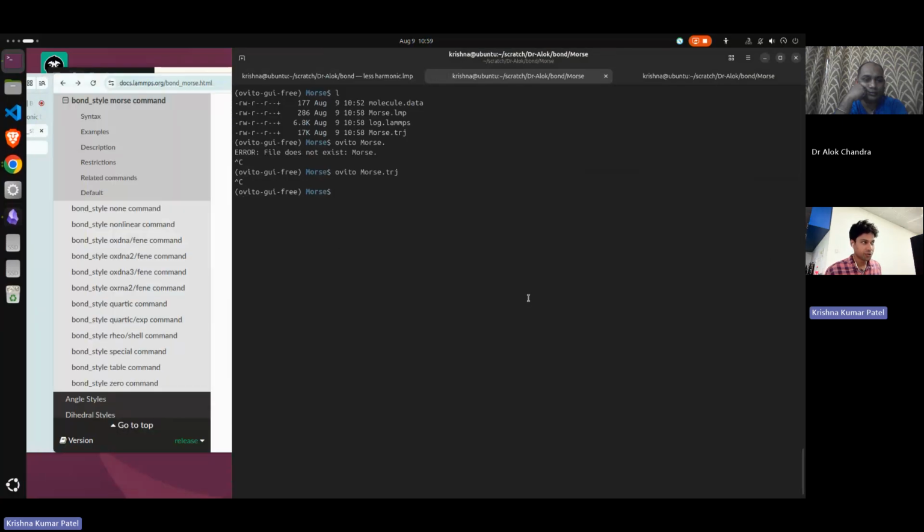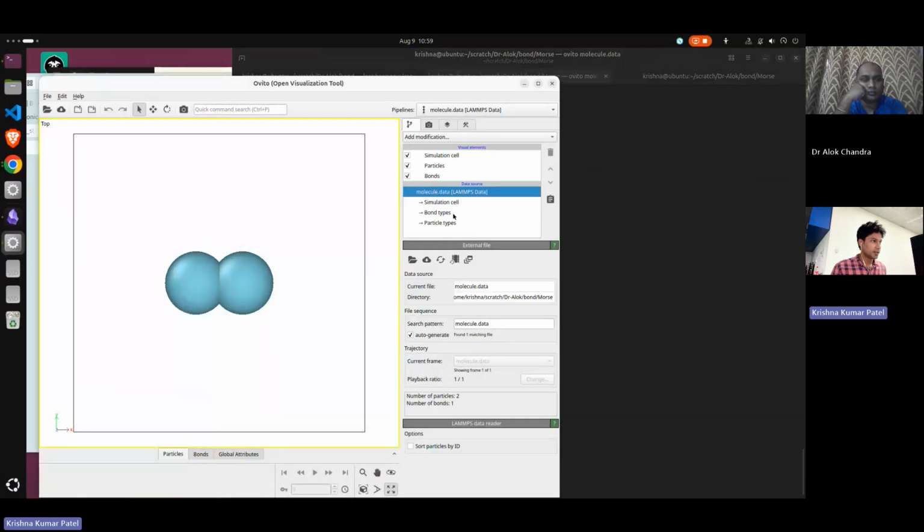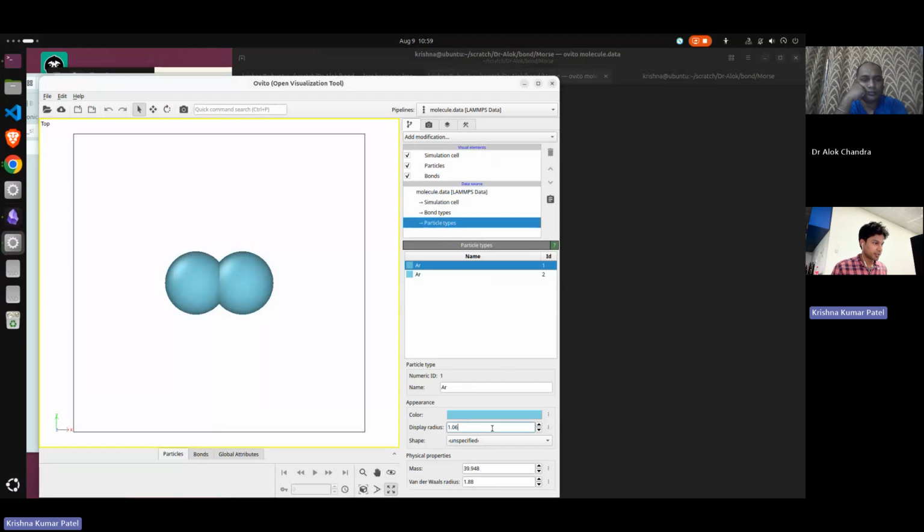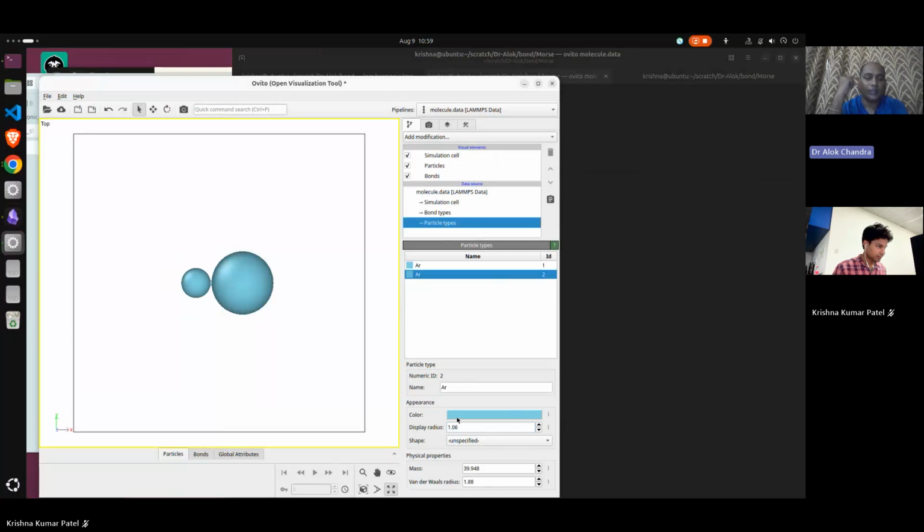So if you want to look at bonds as well, here is what you should do. In OVITO, first you should load the topology file, which is molecule.data. Let's go to particle and again reduce that to 0.5. And then we will externally load your trajectory on top of the topology file.